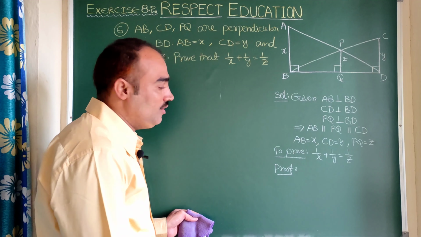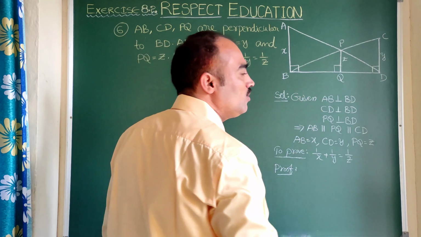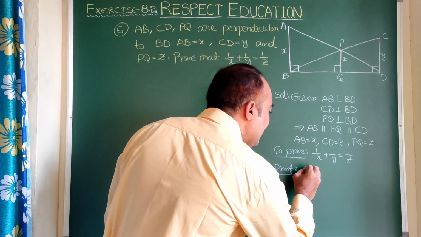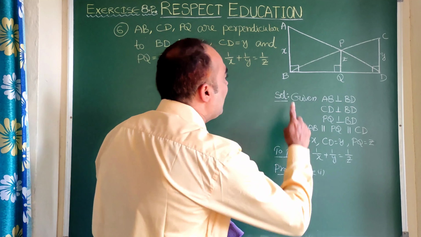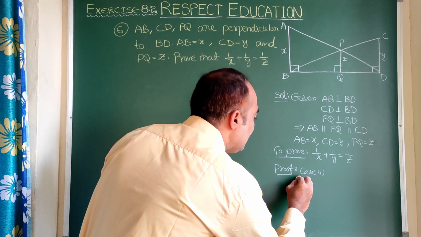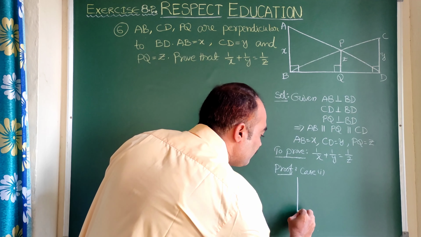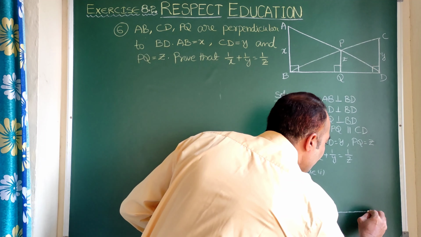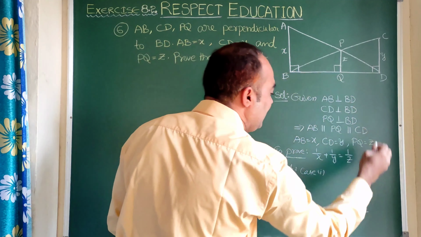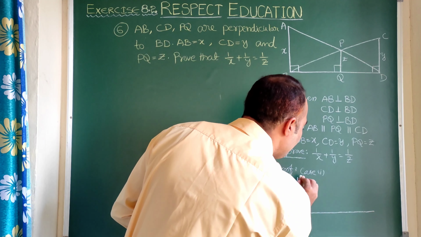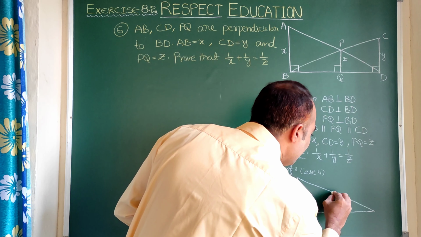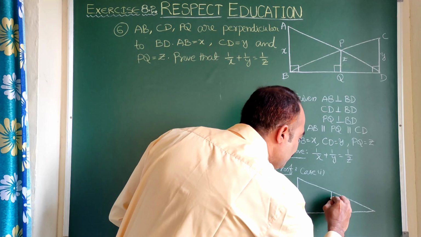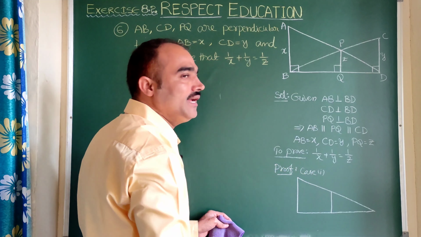Now let us start the proof. First I have told you, I would like to divide this problem into two cases. In case 1, I want to take the triangle ABD in which PQ is parallel to AB.